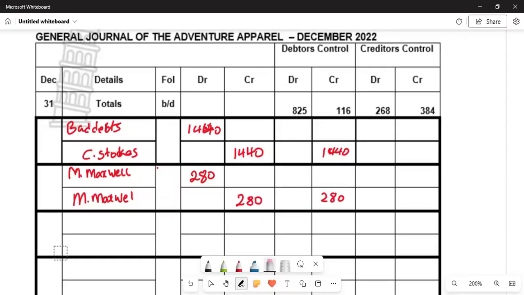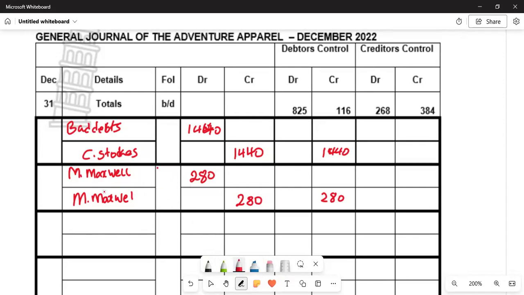Well, because we were told that in the same transaction, Maxwell is both creditor and debtor. So we are trying to offset the balance now.